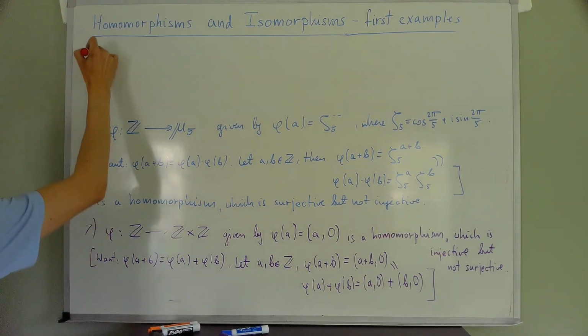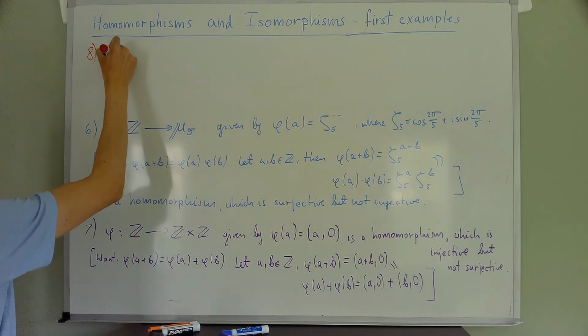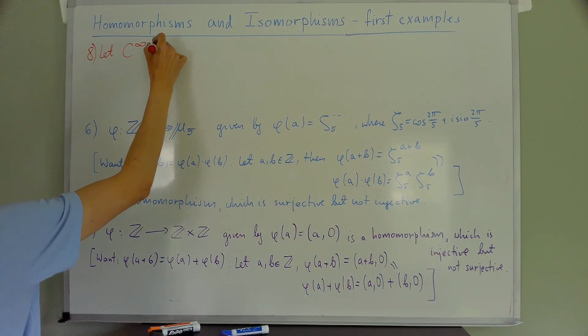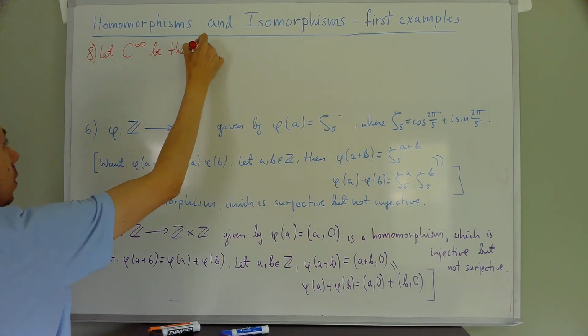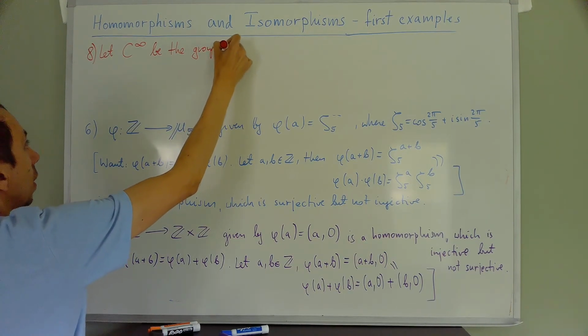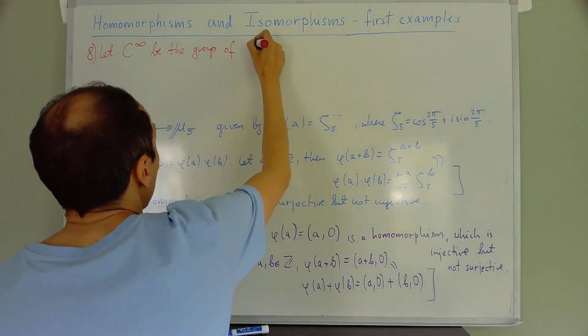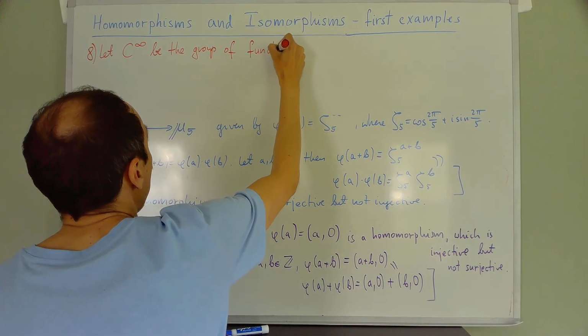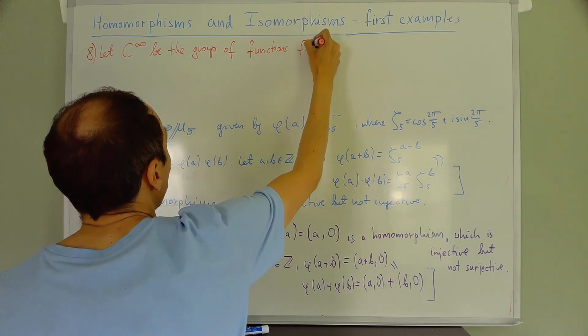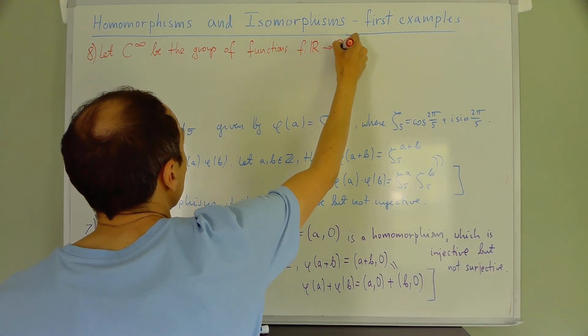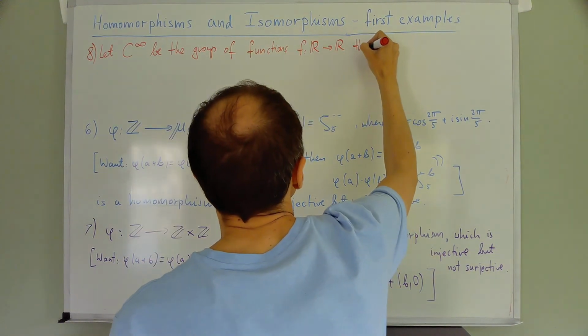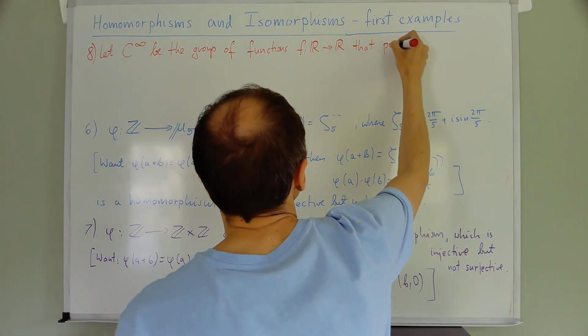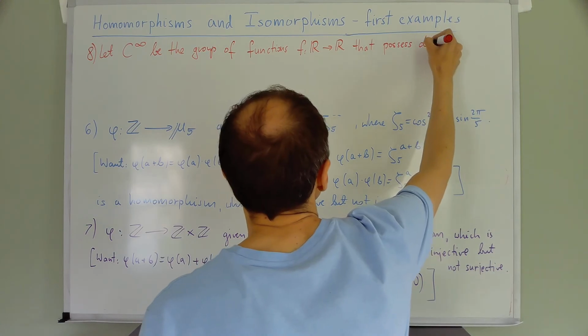8. Let C infinity be the group of functions f from the reals to the reals that possess all their derivatives, that possess derivatives of all orders.